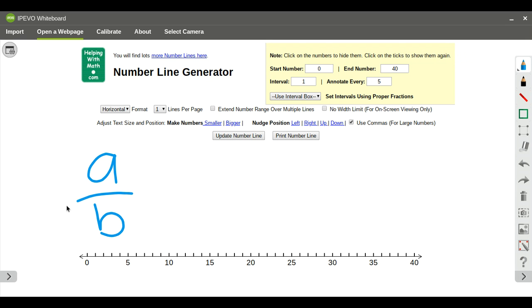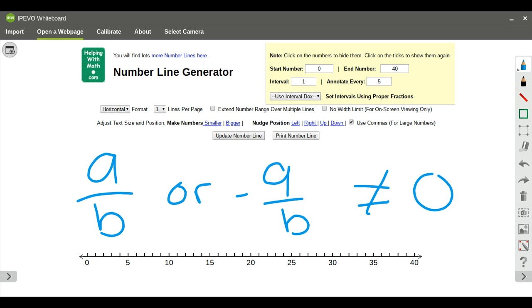Because again, we talked about in topics 1 and 2 that this represents division. So a and b, or I can have negative a over b, where their quotient is not equal to 0. So when their quotients are not equal to 0, those are rational numbers.